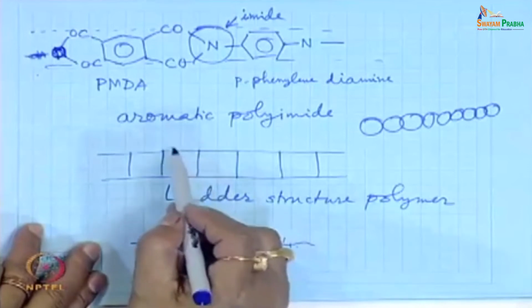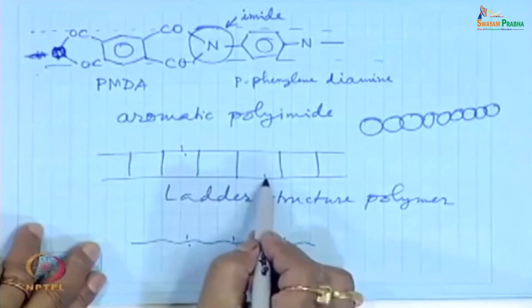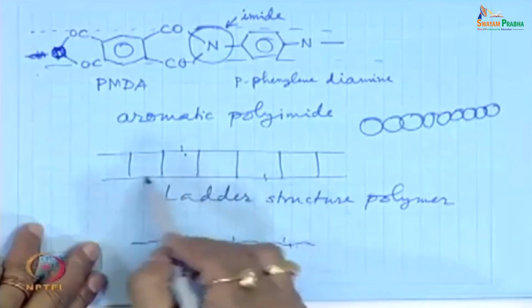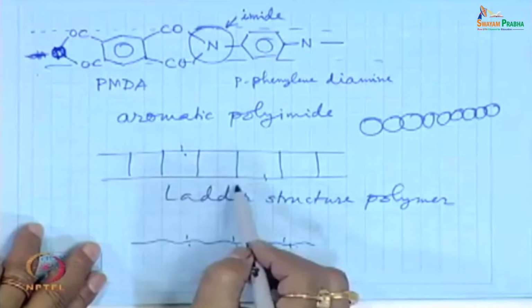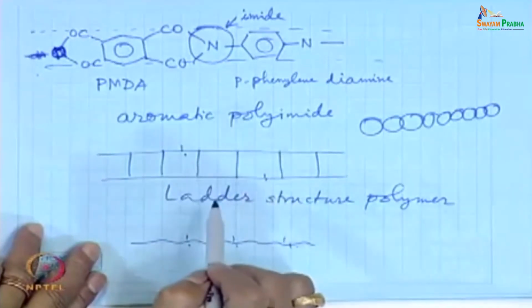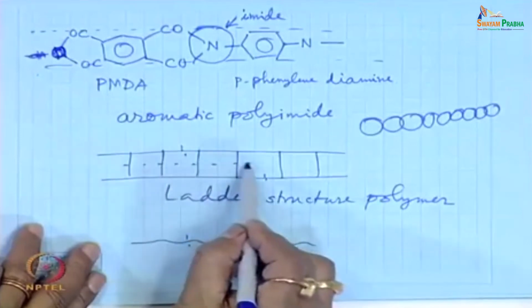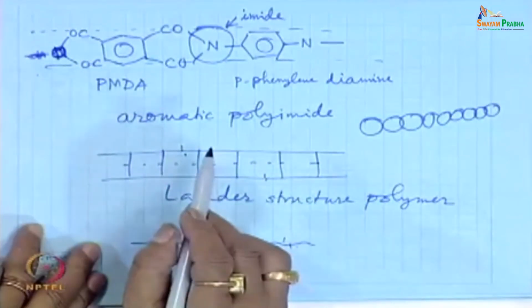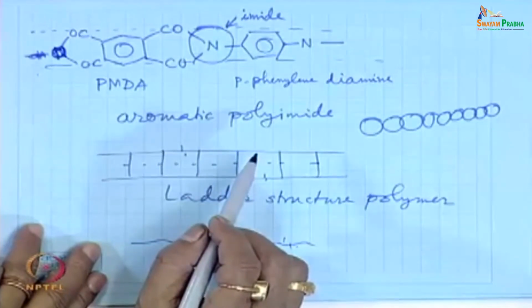But here, if it breaks at any point, the structure will still be maintained, because this chain is linked to this chain by these interlinking ring structures. The probability is very less that this will break and all these interlinks will also be broken, rings will also be pyrolyzed.